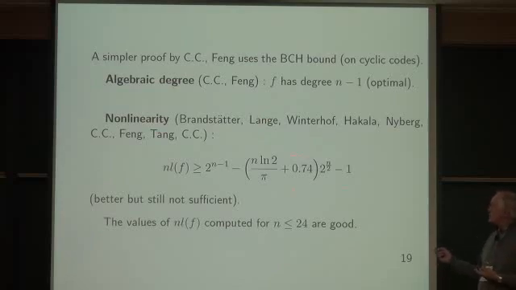This nonlinearity would not be good. But we ran computers up to n equals 28, and we saw that the bound is far from the actual values. The actual values are very good. The nonlinearities of this function are very good, while the bound we can prove is not very good. And there's a gap here.